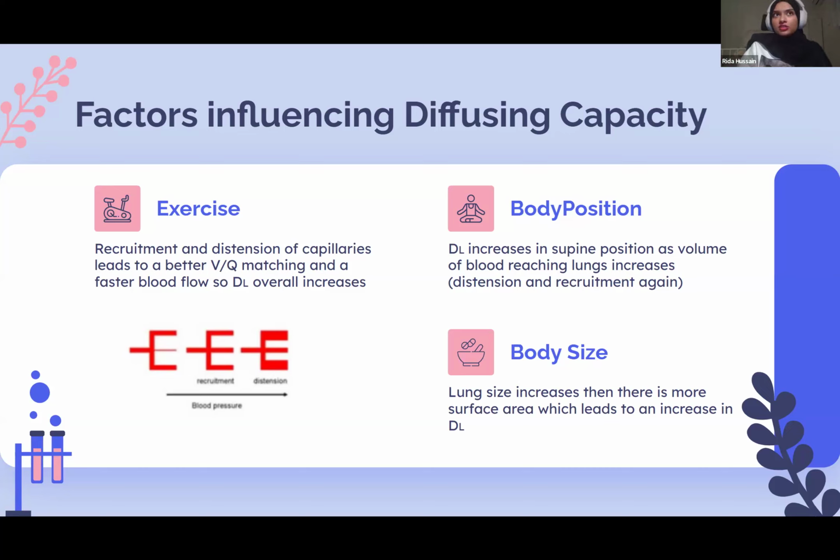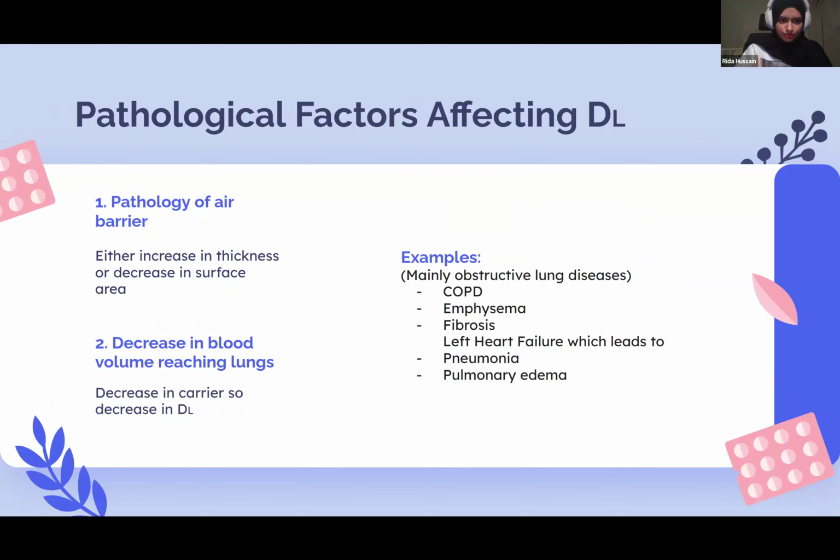Now, diffusion capacity can also be affected by pathological factors. The pathological factors can either be effects on the blood air barrier, or effects on the blood itself reaching the lungs.